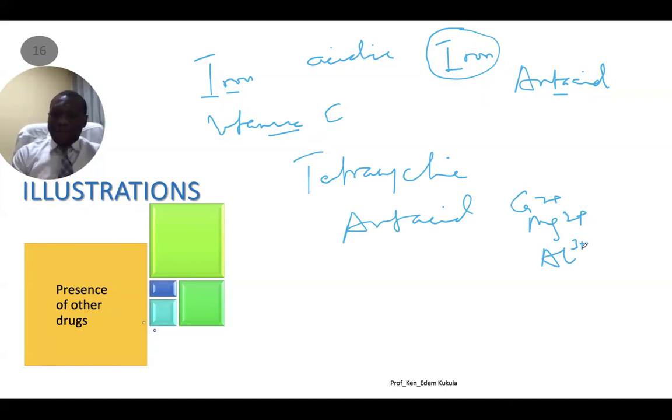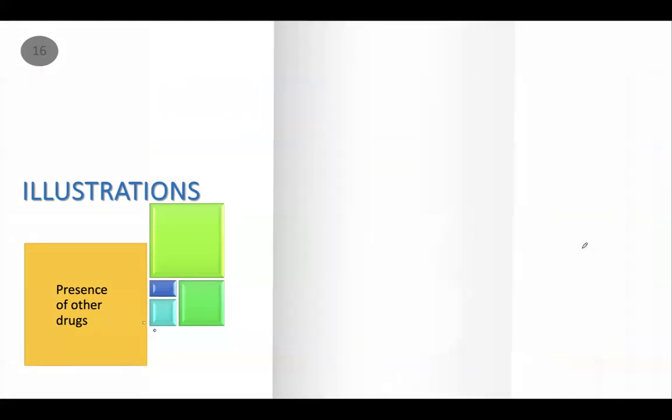The reason being that these salts or these ions would form a chelate with the tetracycline. And so the tetracycline isn't absorbed because the size has become huge. It cannot easily cross the membrane, and that would impair its ability to function the way we would have wanted it.